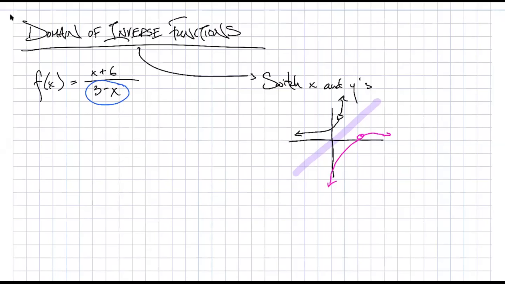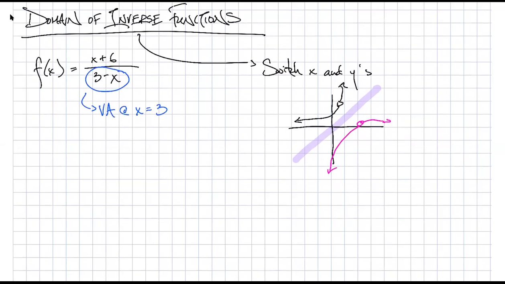So I know that this function has a vertical asymptote at x equals 3, okay? Because I set 3 minus x equal to 0. Now, what else does that mean? That means that x equals 3 is not in the domain of f of x.